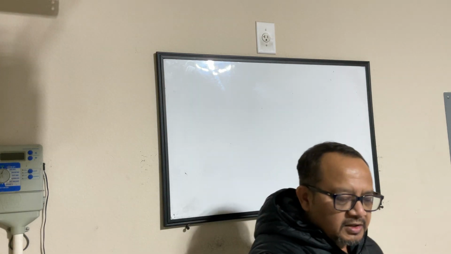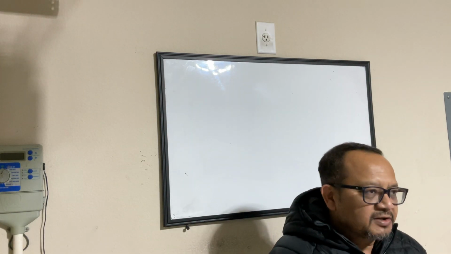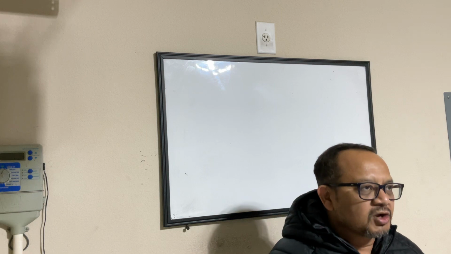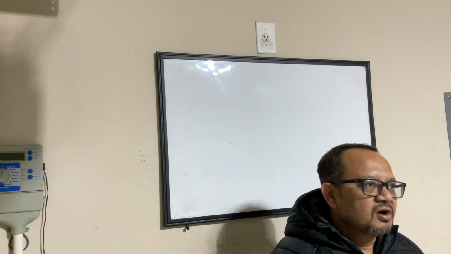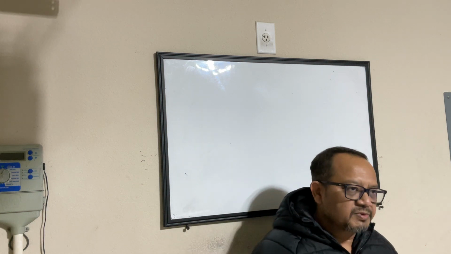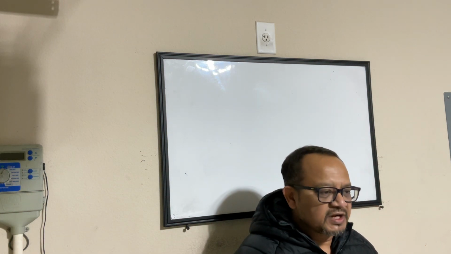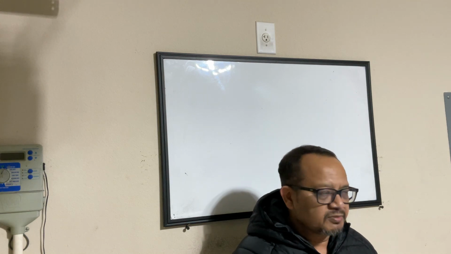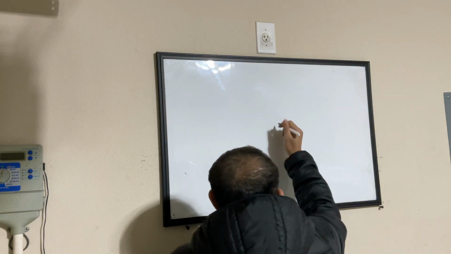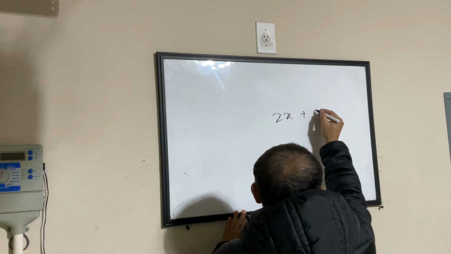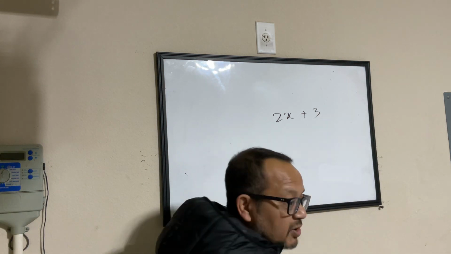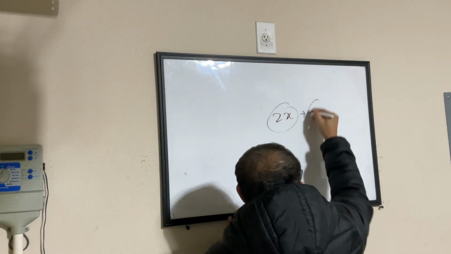All right. So first thing is factoring polynomial expressions or quadratic expressions. When we talk about a polynomial, I believe everybody knows it is an expression which has more than one term. So if I'm talking about 2x plus 3, it's a polynomial. This is one term and this is the second term.